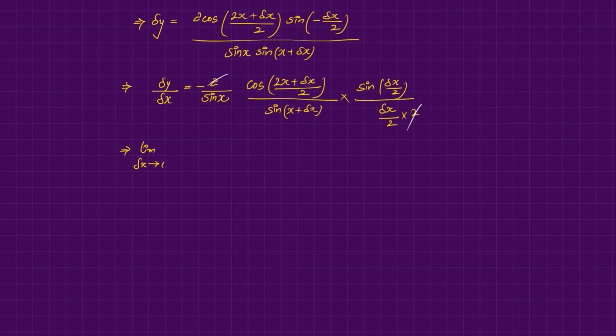Limit delta x tends to 0, delta y over delta x equals minus 1 by sine x, limit delta x tends to 0, cos of (2x plus delta x by 2) whole divided by sine (x plus delta x).